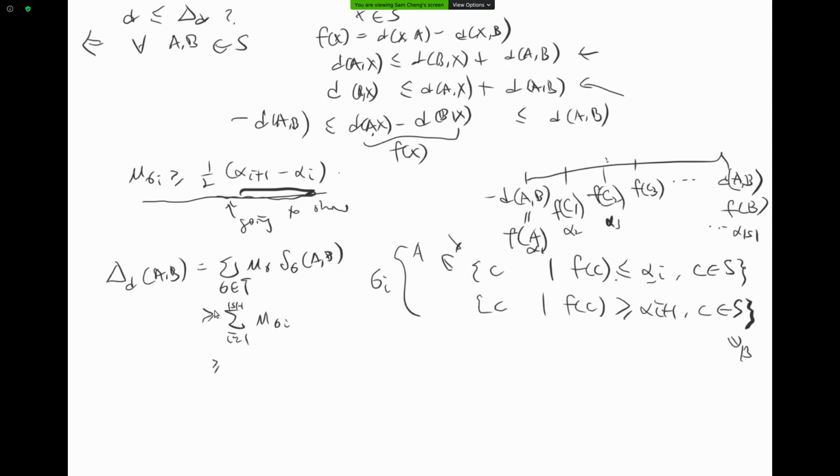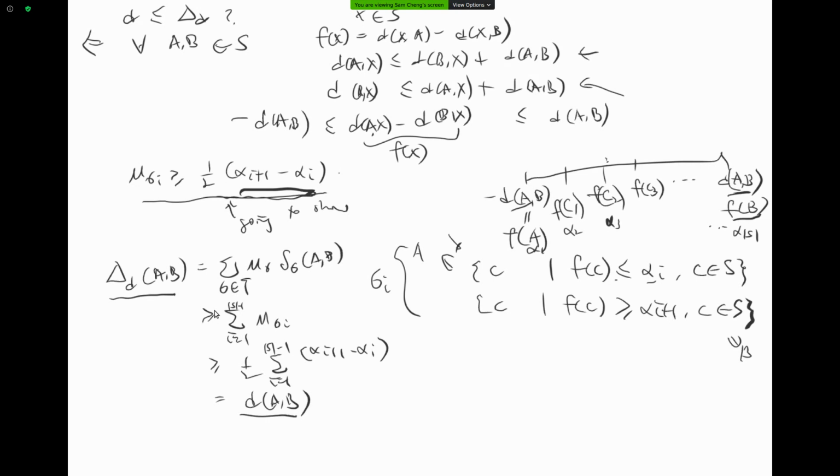Then this will be bigger than or equal to 1/2 times the sum from i equal to 1 to s minus 1 of alpha_{i+1} minus alpha_i. This is just the telescoping sum from f(B) to f(A), so it's equal to minus 2 D(A,B), and over 2 that is just D(A,B). Therefore delta D is bigger than or equal to D, which is what we want.